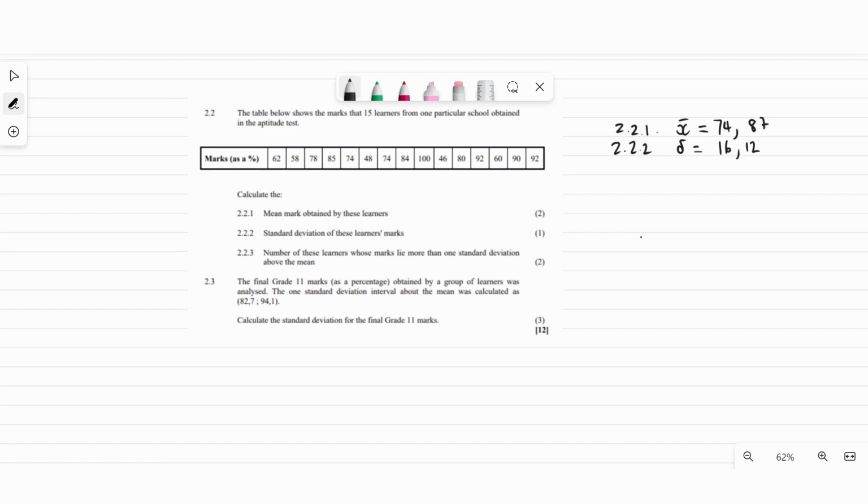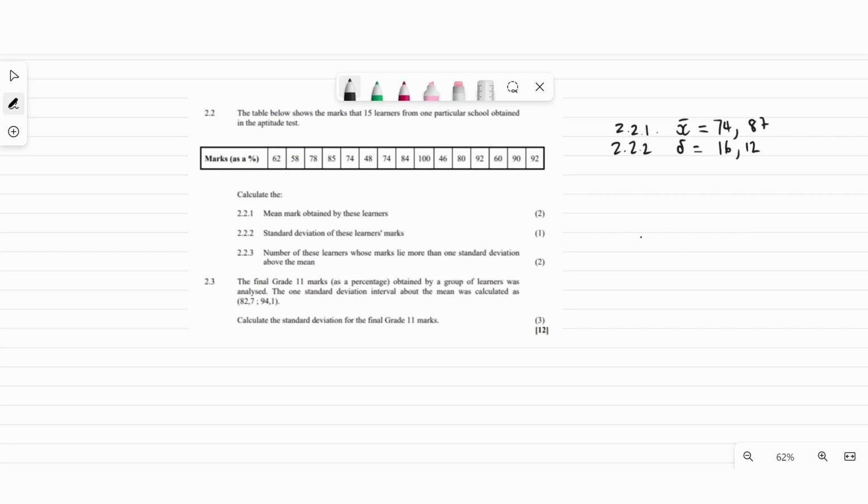Then question 2.2.3 says the number of learners whose marks lie more than 1 standard deviation. What they're talking about is that we have the number of students lying within the first standard deviation, second standard deviation, and third standard deviation.